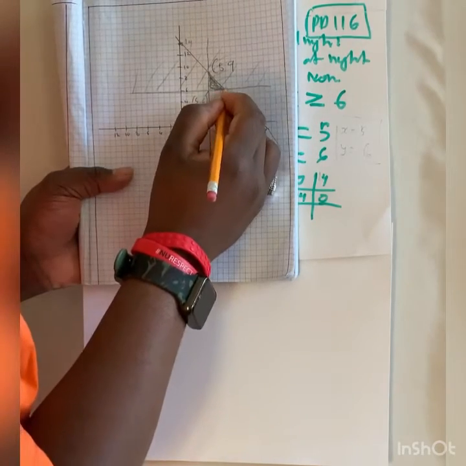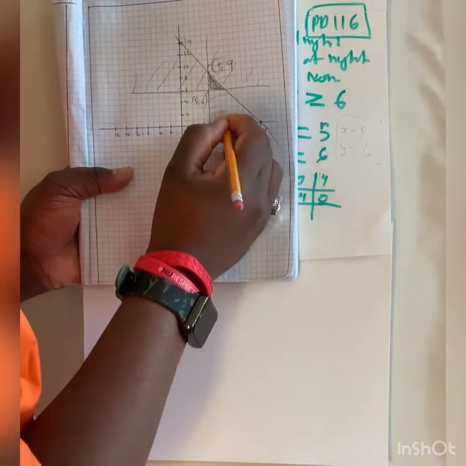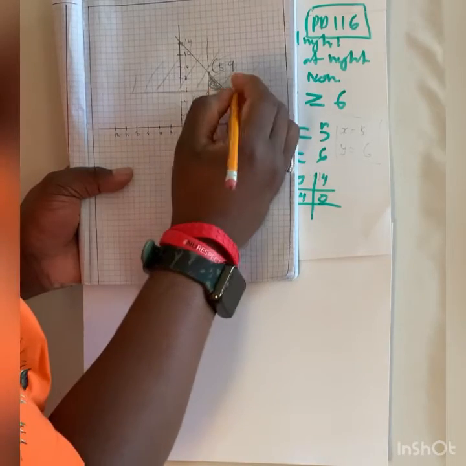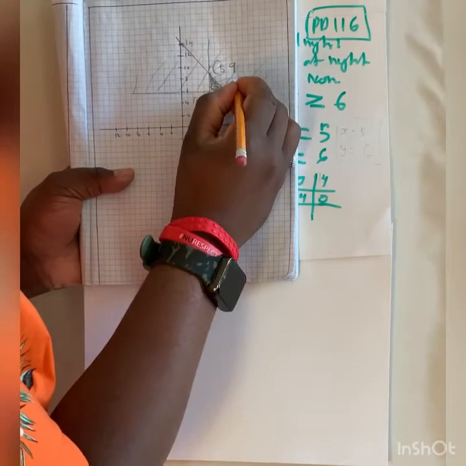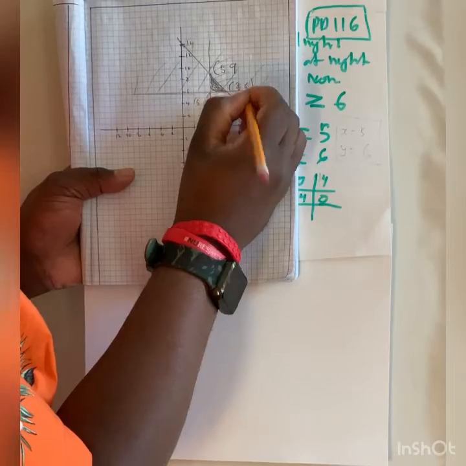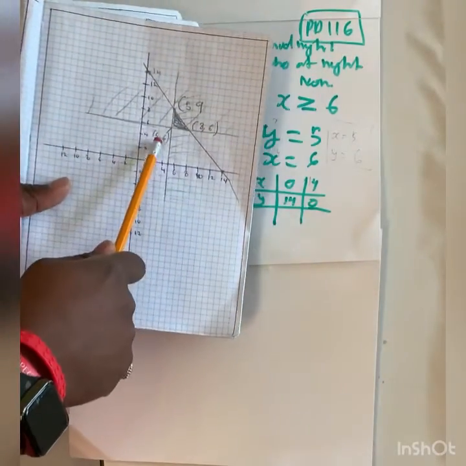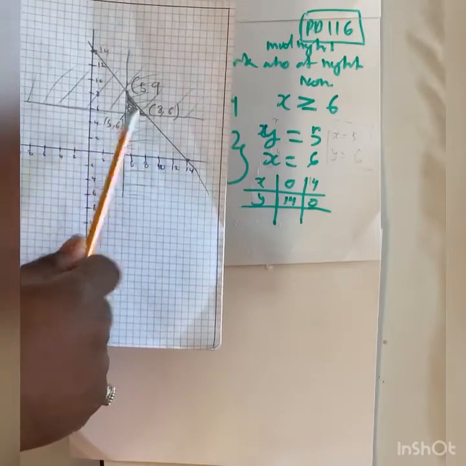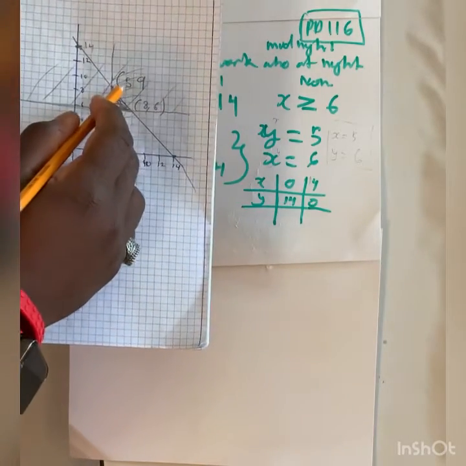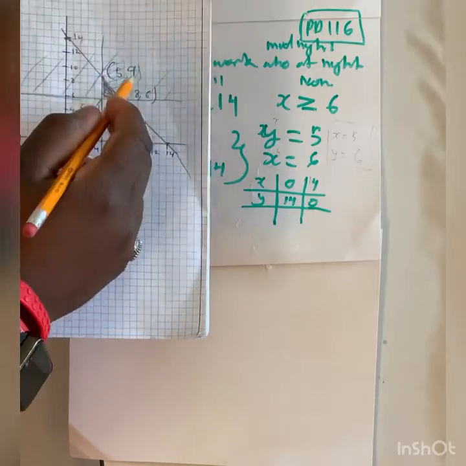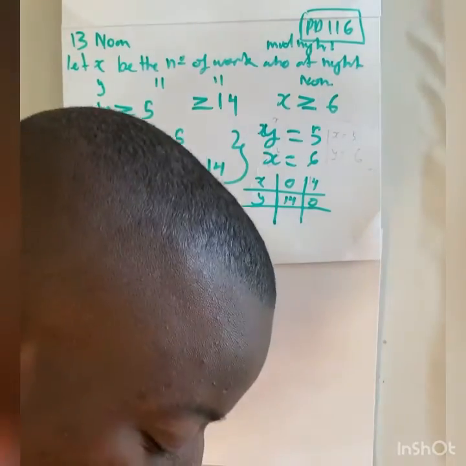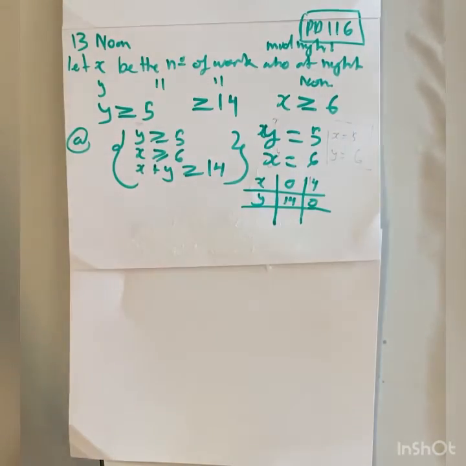And this point here is 8 and 6. So I have all my 3 points: 5 and 6, 8 and 6, and 5 and 9.